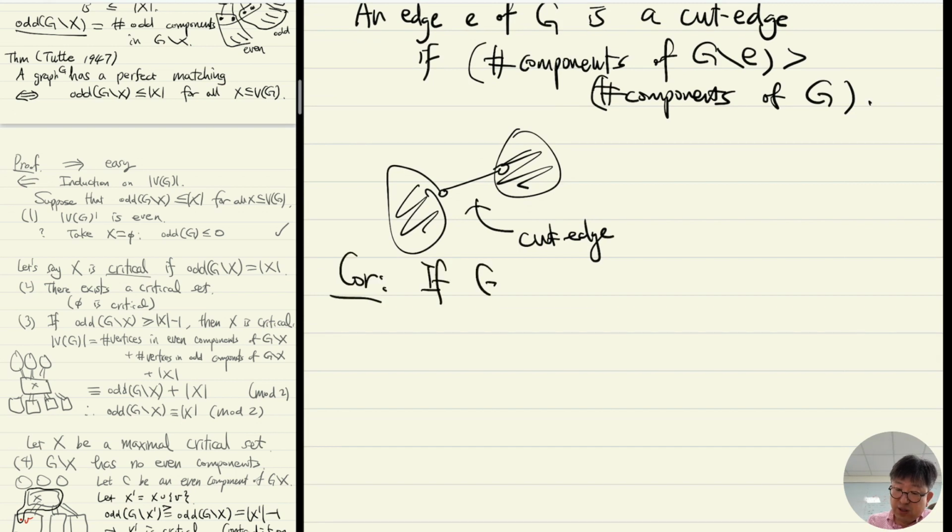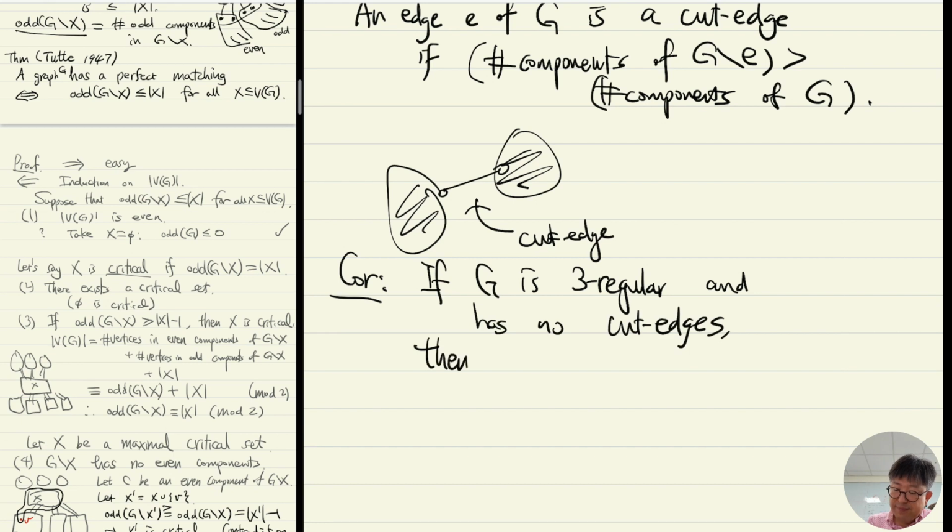If G is 3-regular and has no cut edges, then G has a perfect matching.